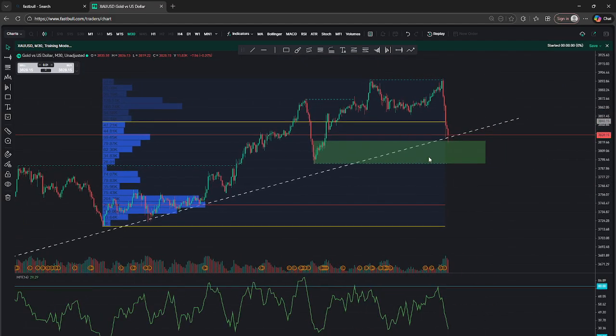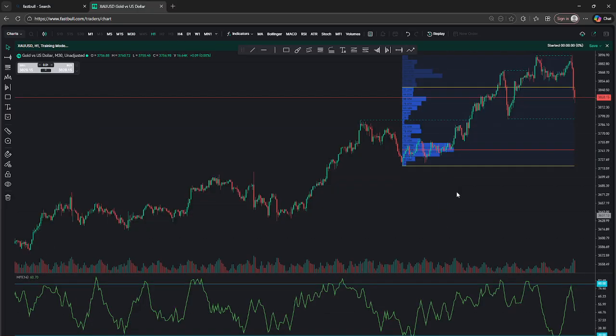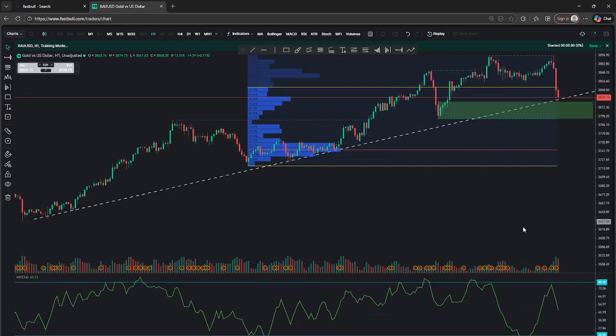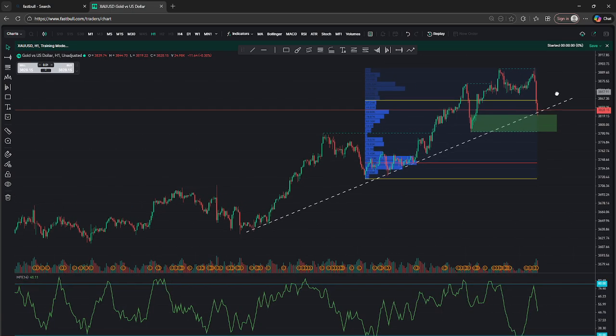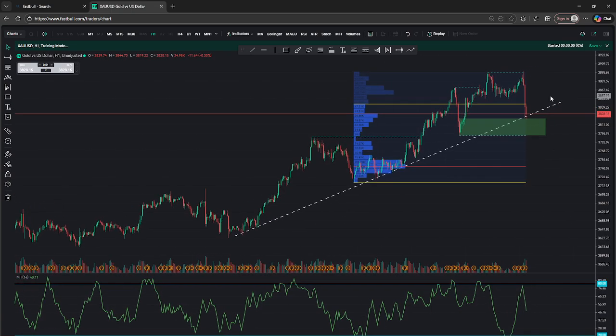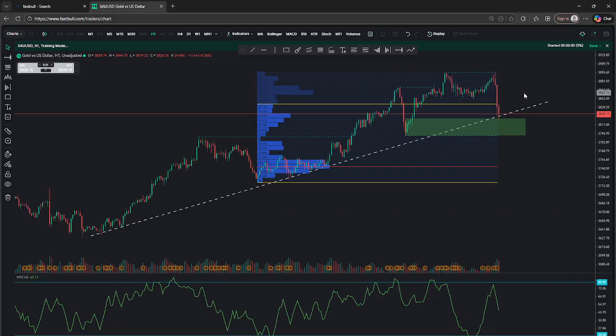So we can see price react from this level, given that the 1 hour has relaxed a bit. Since there is a high time frame trend line, it might hold the market, since we have already had a correction of around 700 pips. So let's see how the price will play out from this level.